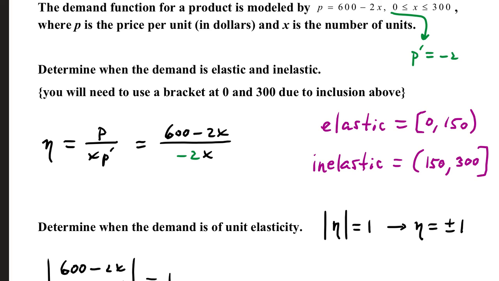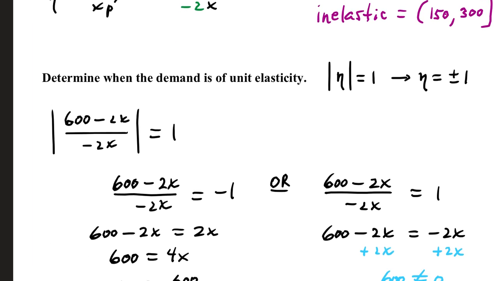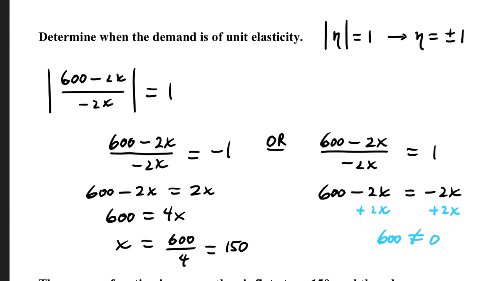So underneath here, determine when the demand is of unit elasticity, we're going to take eta, put it in the absolute values, and set it equal to 1. Once you've done that, then you take your eta function and you put it equal to negative 1, because that's one of the situations that can occur, or when your eta function is equal to positive 1.